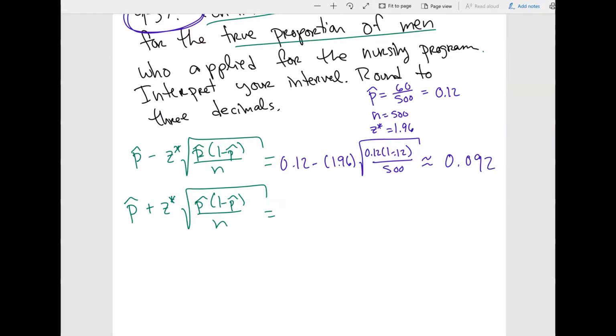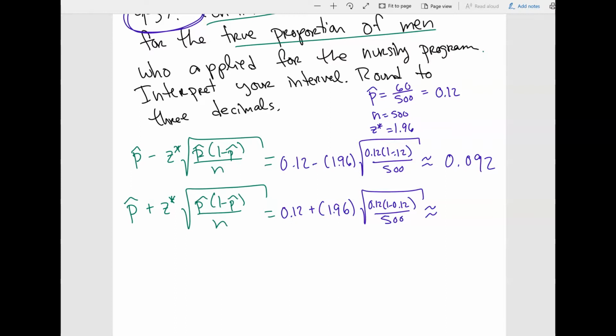And then I want to plug in the same thing, but now we're going to change the minus to a plus. 1.96 square root of 0.12 (1 minus 0.12) divided by 500. I'm going to do exactly the same thing, changing that minus between the 0.12 and the 1.96 into a plus.